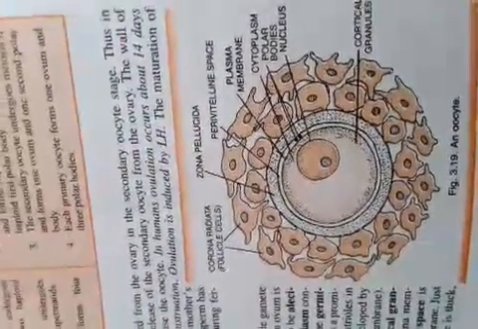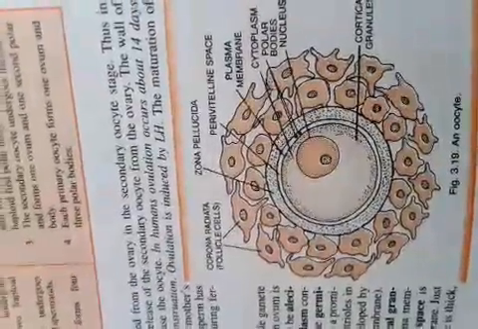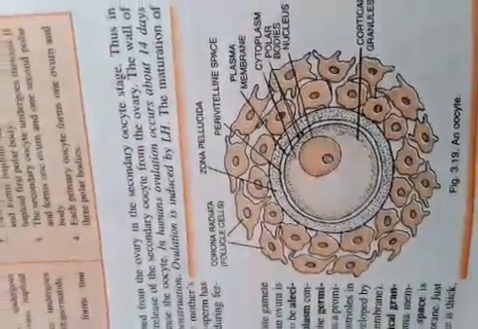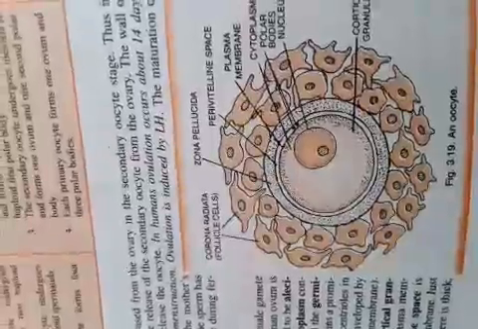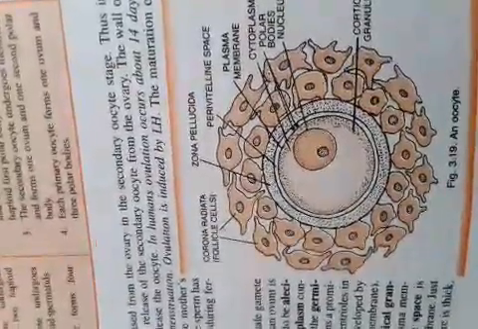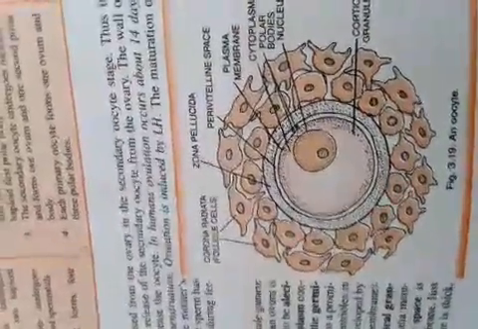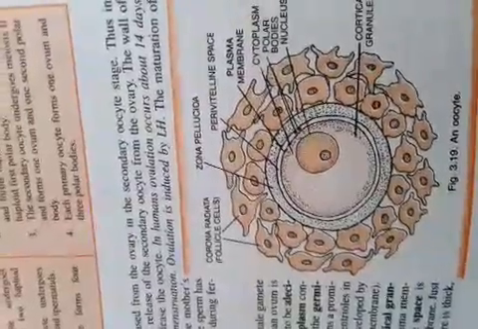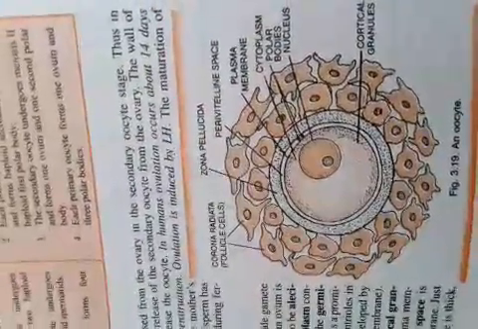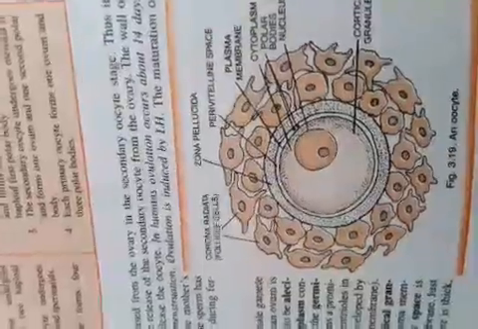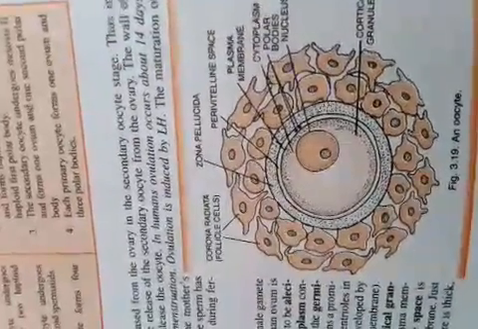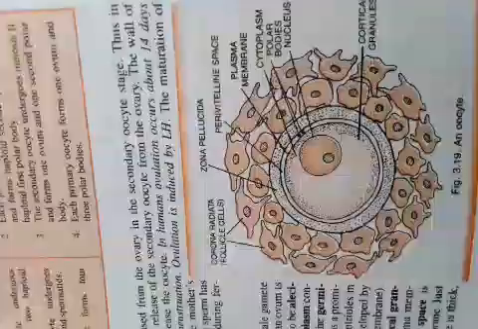And I hope you are familiar with this: human or mammalian ova are alecithal type, which means they lack yolk, the yolk is absent from the human ova. So that is said to be the alecithal type of egg.